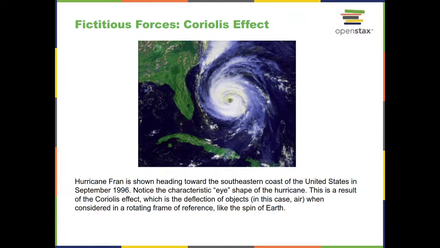So for example, here we have the Coriolis effect, which is the fictitious force that is caused by differences in centripetal acceleration at different latitudes on the Earth. If we go to a higher latitude, we're closer to the North Pole. We're essentially going around the axis of the Earth at a smaller radius.